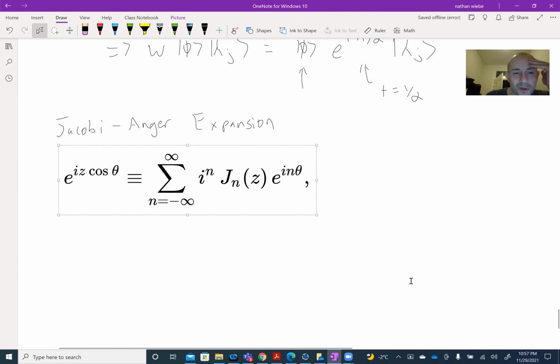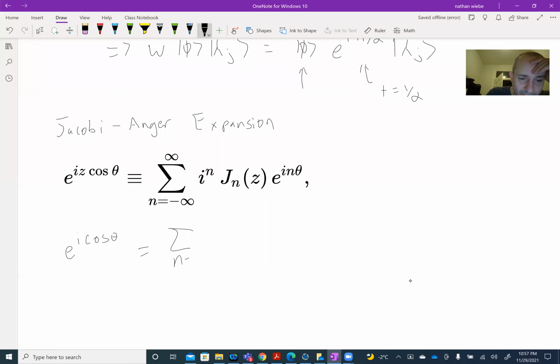And so this says something pretty amazing. Let's take Z, because Z in this formula is an arbitrary constant. This says that we can write e to the I cosine of theta as the sum from n equals negative infinity to infinity of I to the n jn of 1 e to the I n theta.